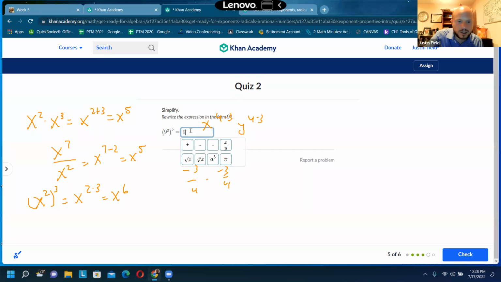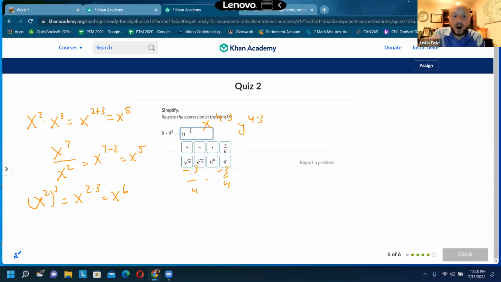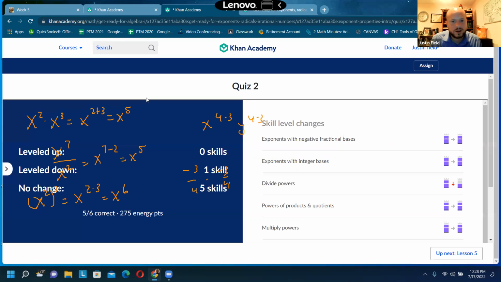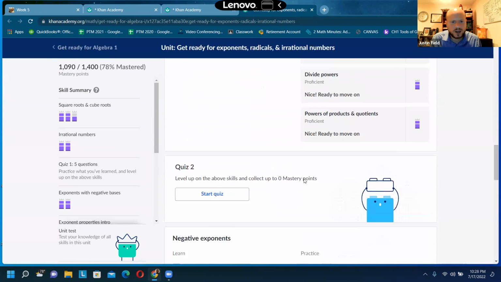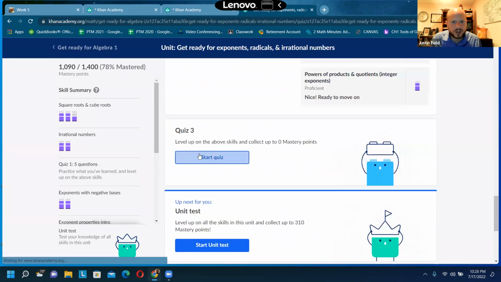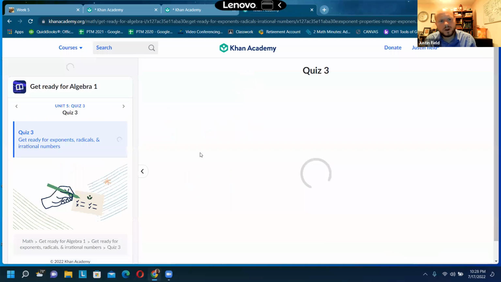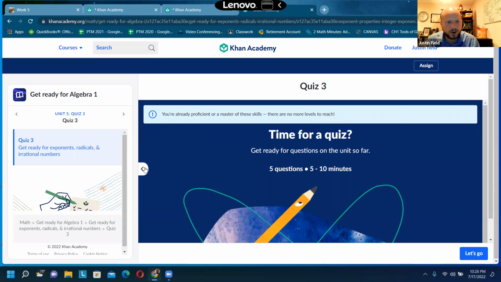Multiply the exponents to the 10th. 9 to the 3rd. Oh, when there's no exponent, you can write a 1 there. That's pretty easy. You should probably do that one twice. Make sure there's a question you missed the first time. Good one. And now we do the negative exponents.